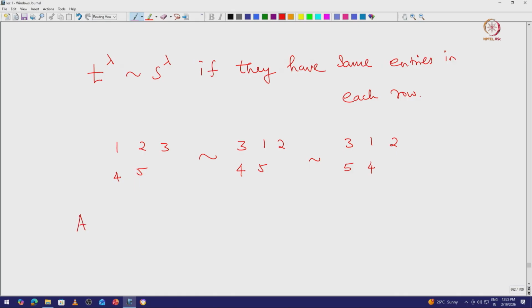The equivalence class of a lambda tableau is called a lambda tabloid.